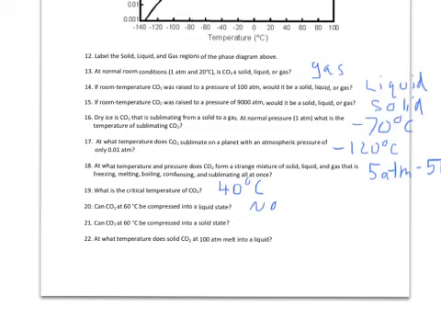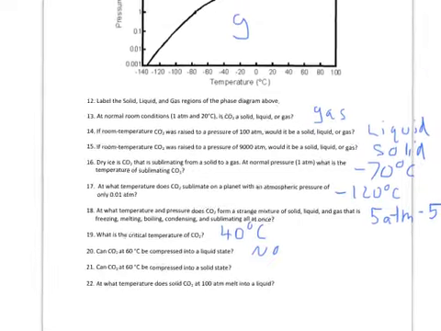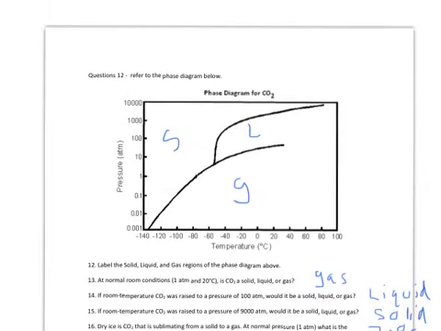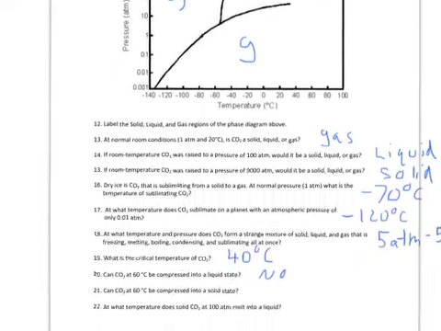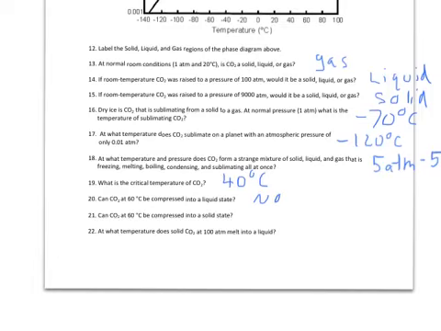Let's see, the next question says, at 60 degrees, can it be compressed into a solid state? Now, the critical temperature says nothing about solid, and carbon dioxide is pretty weird this way. So if I look here, at 60 degrees, I can still turn into a solid. That's a very unusual substance, but the answer in this case is going to be yes. It would not be with most substances, but with carbon dioxide it is. And finally, number 22, at what temperature does carbon dioxide at 100 atmospheres melt into a liquid?